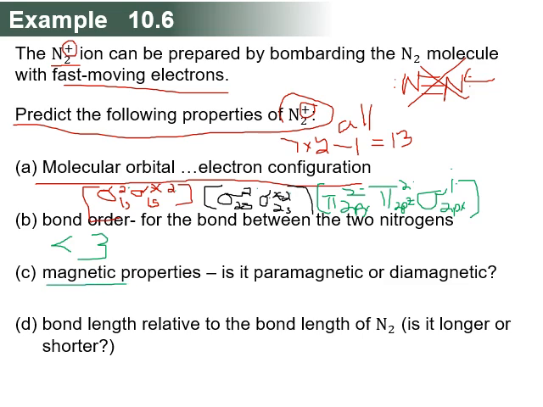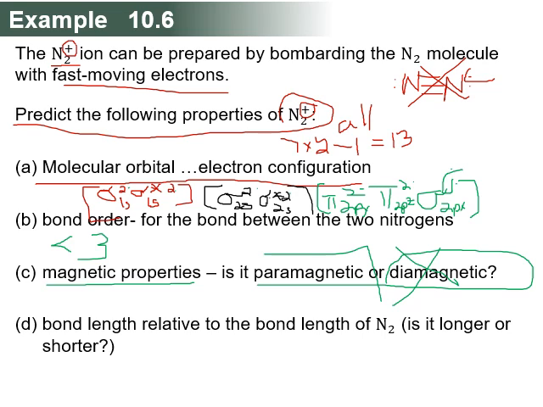And the magnetic properties, is it going to be paramagnetic or diamagnetic? Well, since we have an unpaired electron, I am thinking it's going to be paramagnetic. And the bond length, how long is the bond going to be relative to the triple bond? Is it going to be longer or shorter? Let's check our next slides.